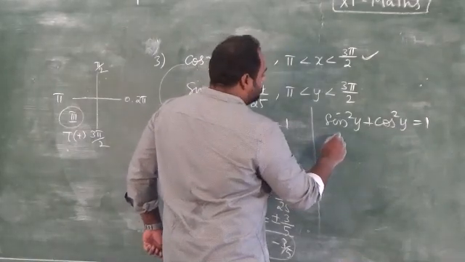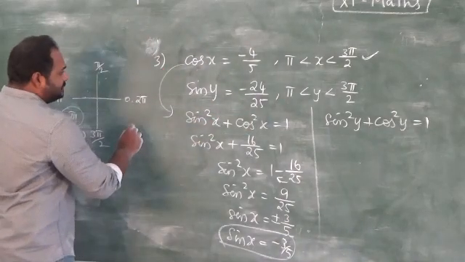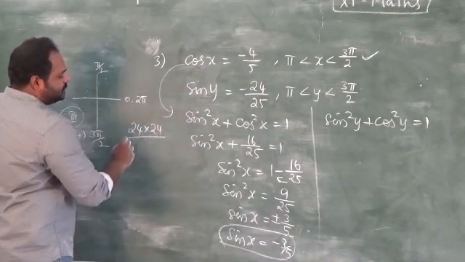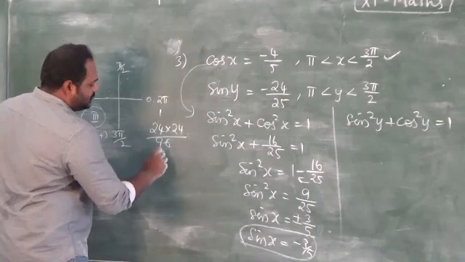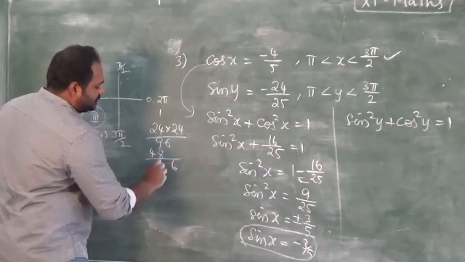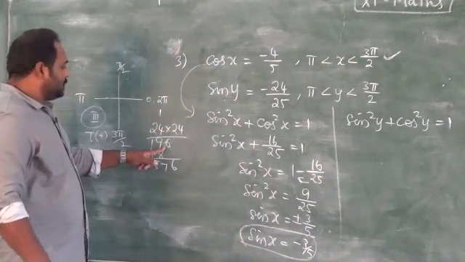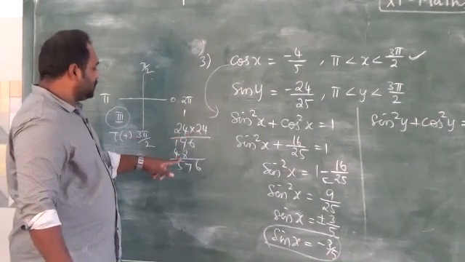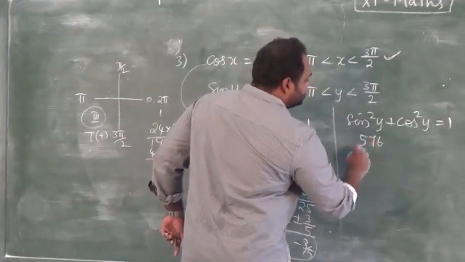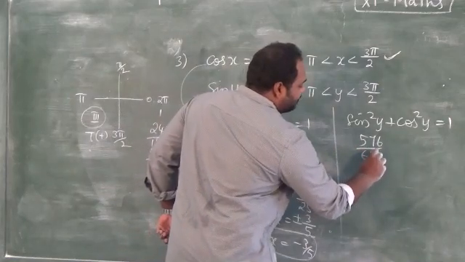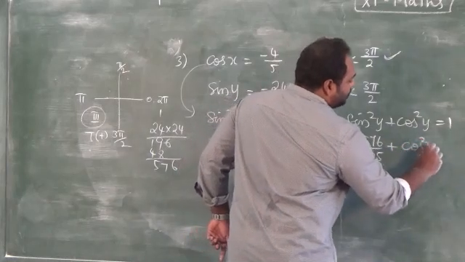For sin square, here minus 24 by 25, I directly square it. 24 into 24 is 576, and 25 square is 625. Plus cos square y equal to 1.